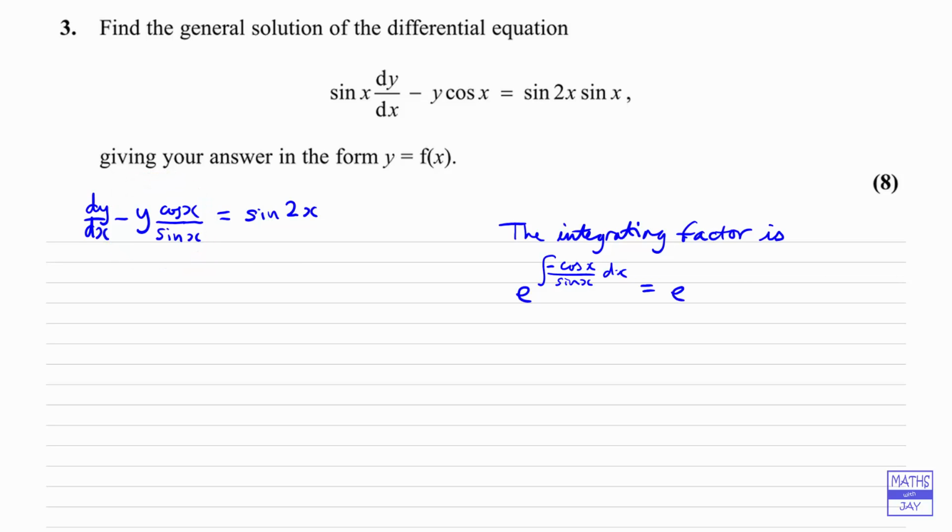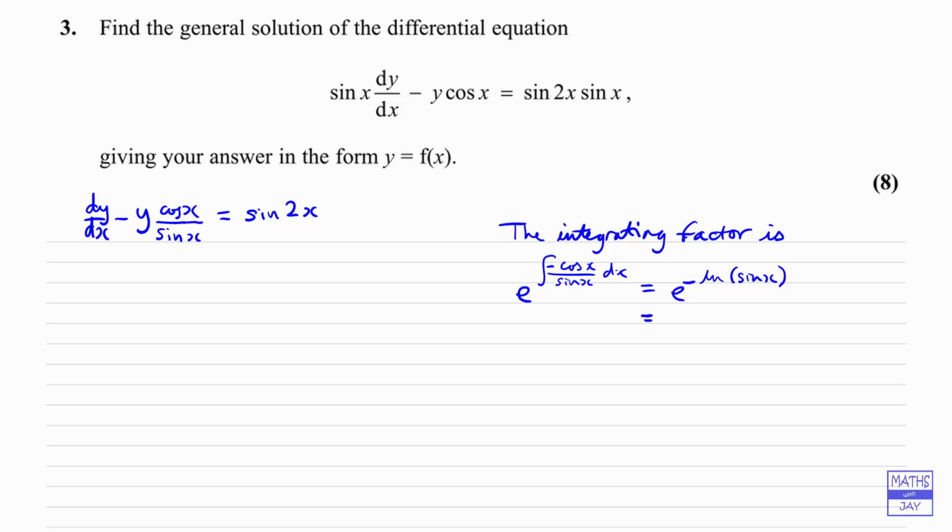And that's going to be, well, the integral of 1 over sine x is log of sine x, isn't it? And we've got the derivative of sine x there being cos x. So that means we're going to have e to the power of minus log sine x.